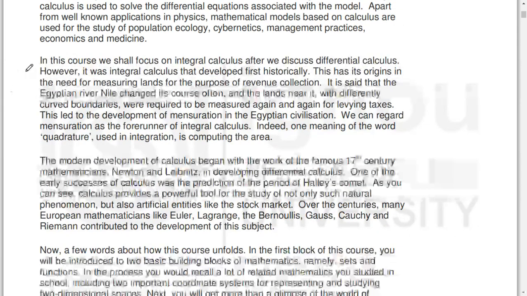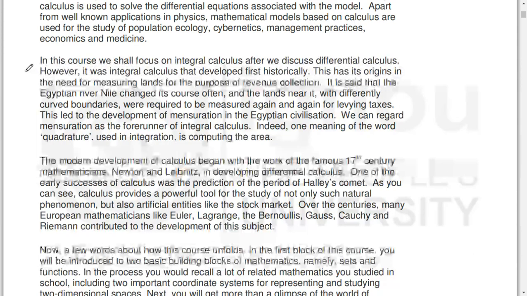In this course, we shall focus on integral calculus after we discuss differential calculus. However, it was integral calculus that developed first historically. This has its origin in the need for measuring lands for the purpose of revenue collection.